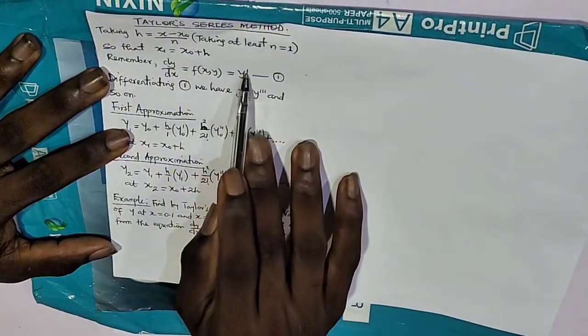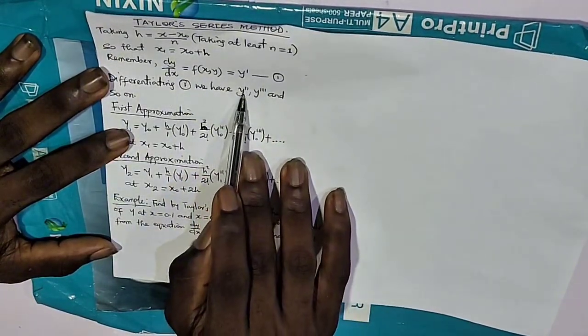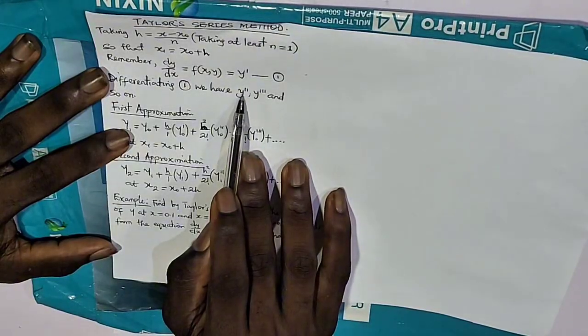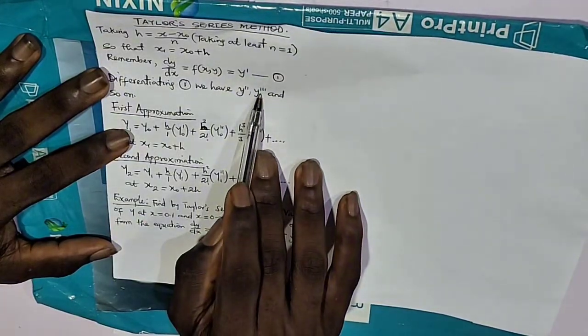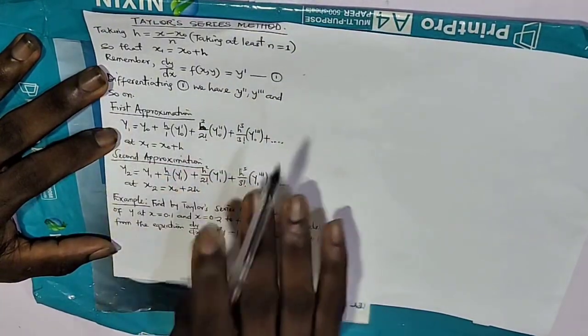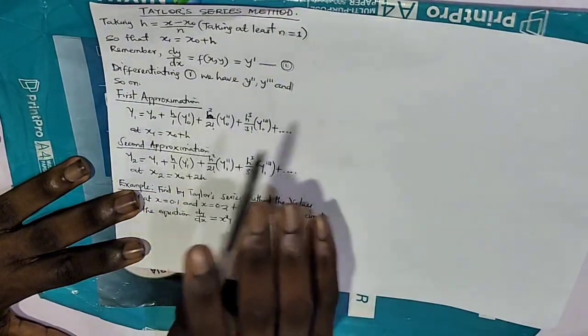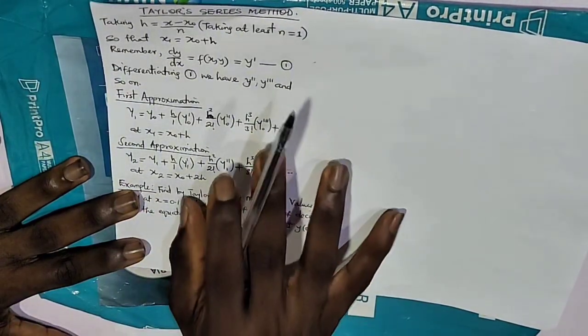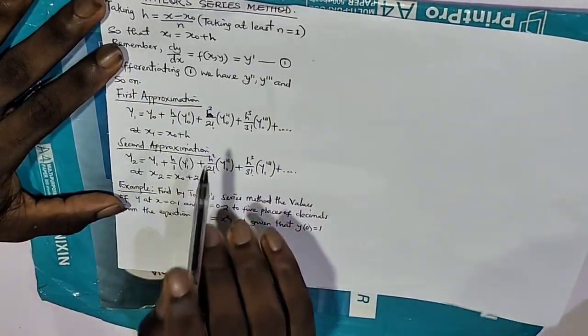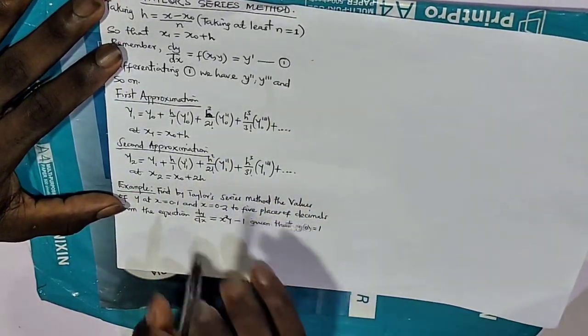Then when we differentiate y prime, we have y double prime. When we differentiate y double prime, we have y triple prime, and so on. That is just the difference between Taylor series and the other ordinary differential equation methods that we did earlier.